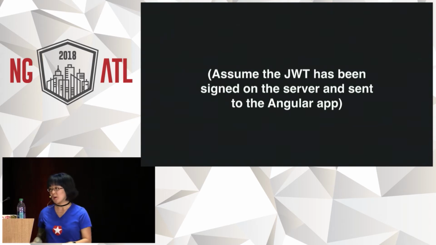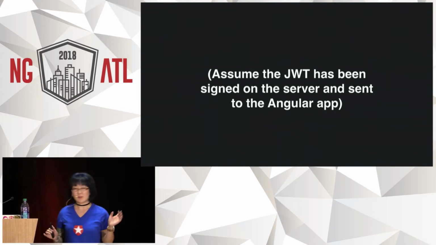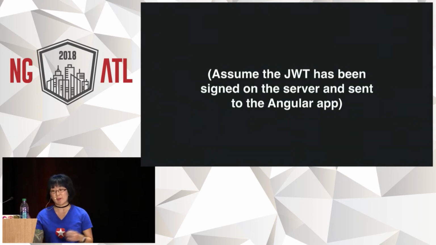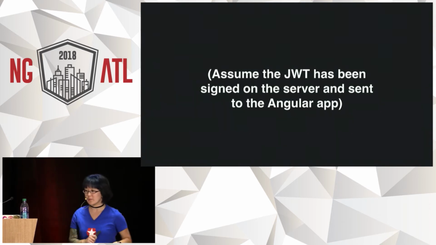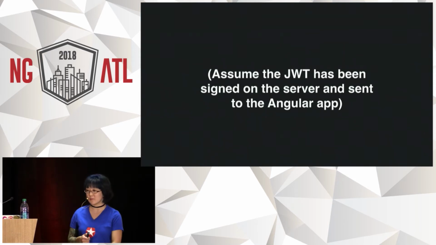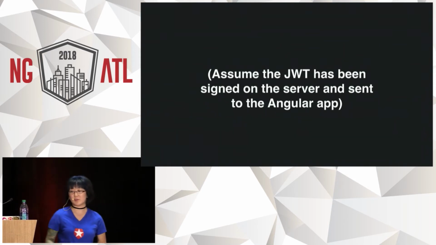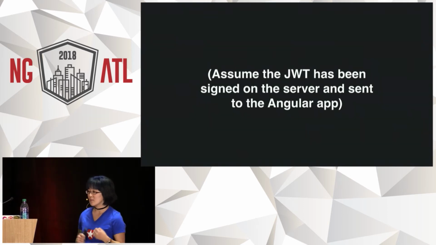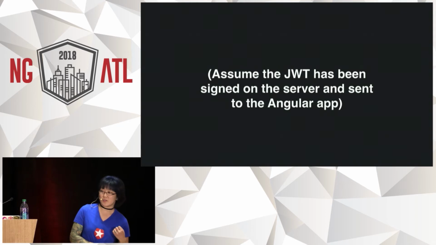So let's assume, for our Angular examples, that the JSON Web Token has been signed on the server and it's been sent back to the Angular app. That would have happened in the flow that Ryan just described. We send the login credentials to the authorization server, it verifies the credentials, and then returns the JSON Web Token to the app. So how would we go about utilizing the token and managing authentication in Angular?